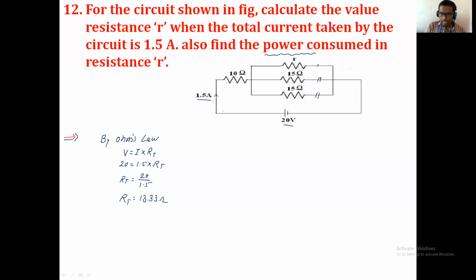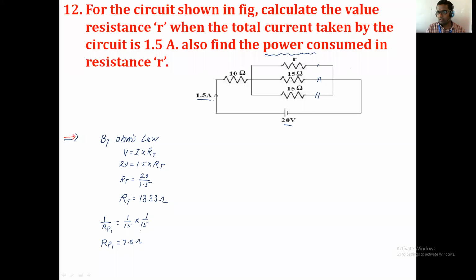Now, as we know that these 15 and 15 are connected in parallel, can I write the formula for these two resistances to calculate the equivalent resistance? RP1 is equal to 1 divided by 15 plus 1 divided by 15. Can I directly write RP1 is equal to 7.5 ohm?